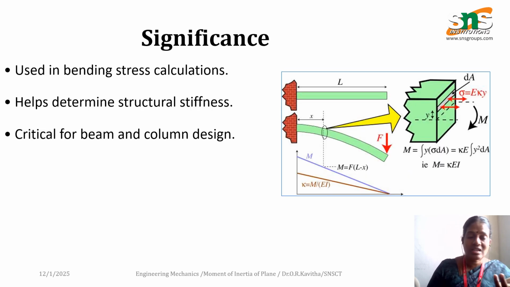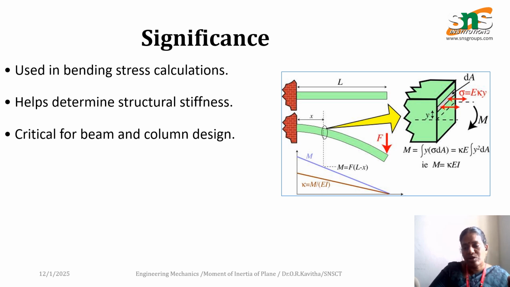And what is the significance of the moment of inertia? It is used in bending stress calculation. In mechanics of solids, it is very important. Here is a cantilever beam of length L, and the cross section of this beam is a rectangle. Mostly we use square or rectangular beams, and in RCC structures we use the rectangular shape.